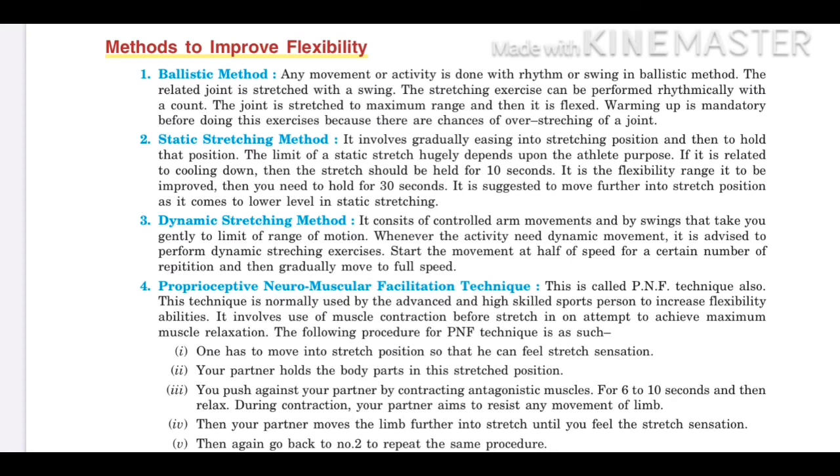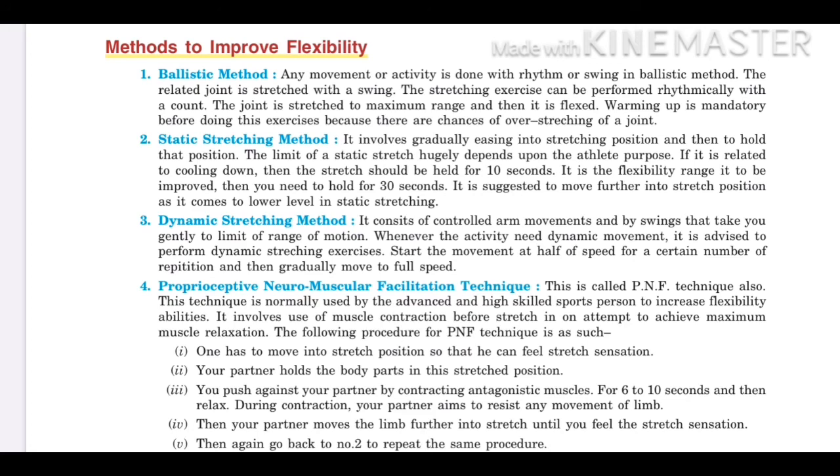Move into the stretch position so that the stretch sensation can be felt. The partner holds the limb in this stretching position. Then push against your partner for 6 to 10 seconds by contracting the antagonistic muscle and then relax.